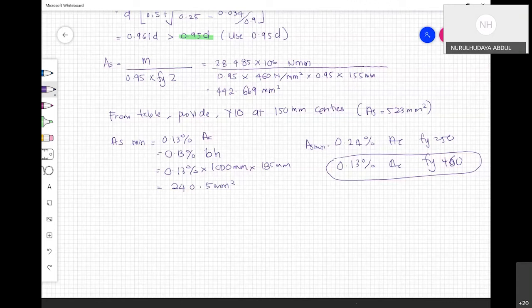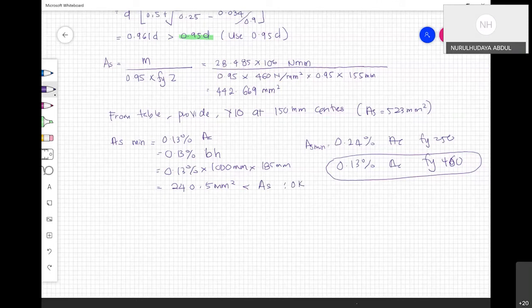Okay, jadi okay ke tak okay? Okay lah. Sebab value ni minimum paling rendah. You tak boleh tak rendah lagi pada value ni adalah 240 tapi you tak lebih 523. So AS yang you provide lebih besar daripada AS minimum, which means it is okay. Okay. Alright.